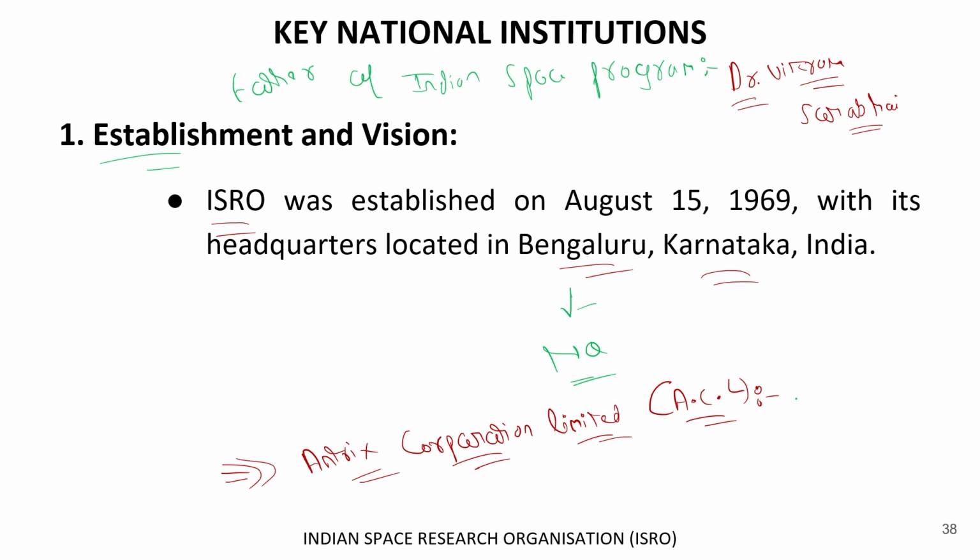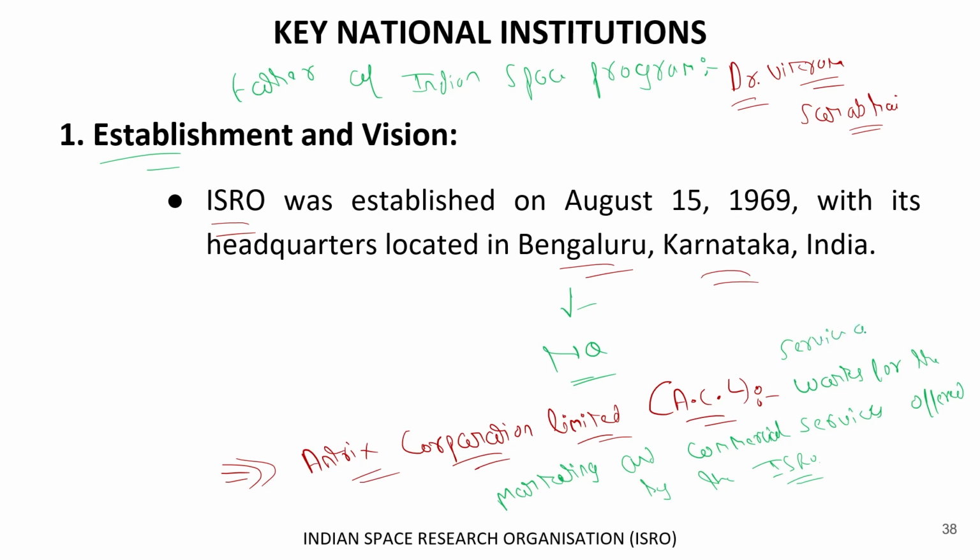ACL basically works for the marketing and commercial services offered by ISRO. So ISRO has the Antrix Corporation Limited, which works as the marketing and commercial services arm, a service arm of ISRO, which works to promote the marketing and commercial services.